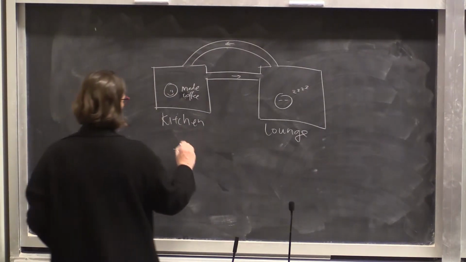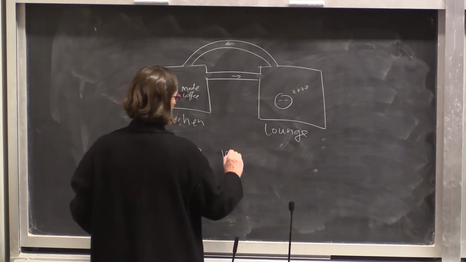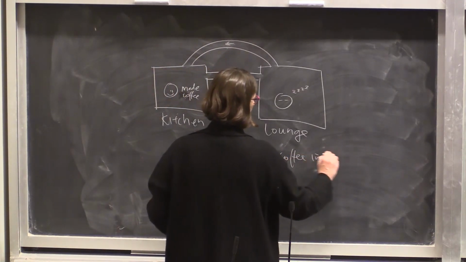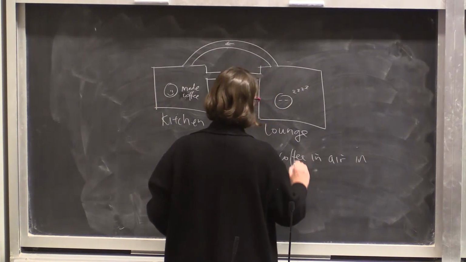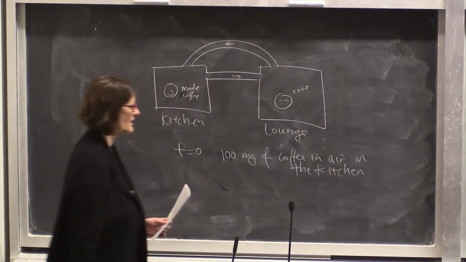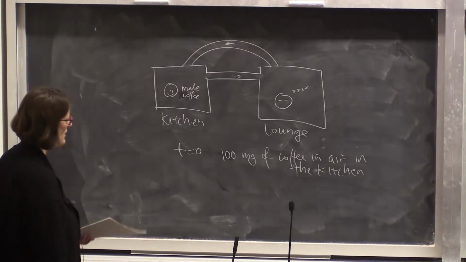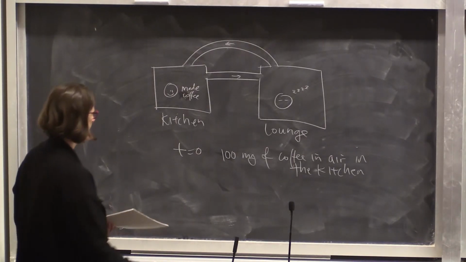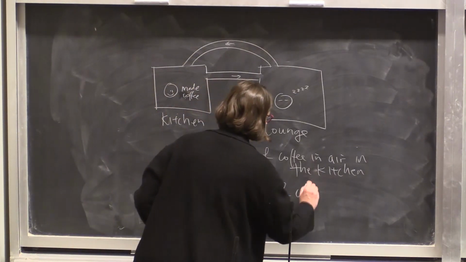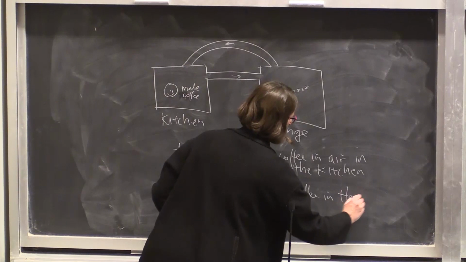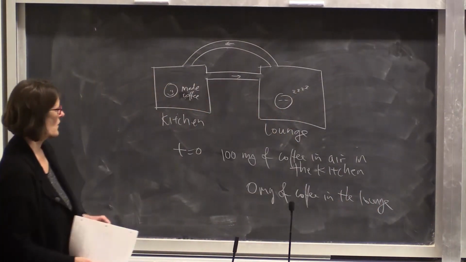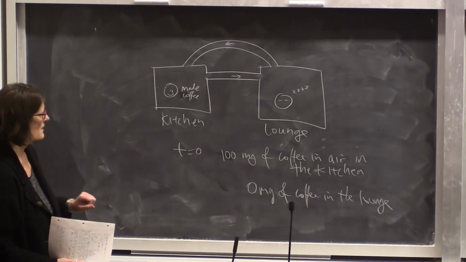So at time 0, let's imagine there's 10 milligrams of coffee in the air in the kitchen. Because whenever you smell something, it's because molecules have entered your nose. If you smell coffee, there are coffee molecules in the air. And there are no milligrams of coffee in the lounge.